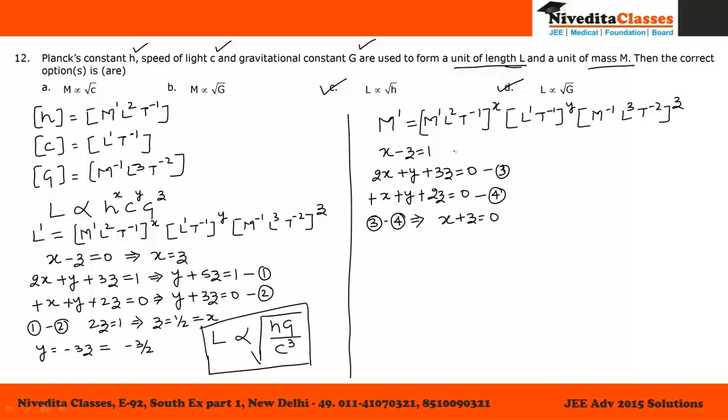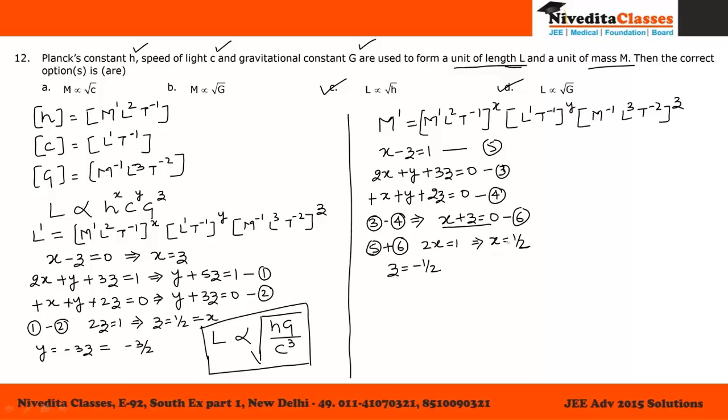So now let's say this is our equation 5 and this is our equation 6. Then adding 5 and 6, we will have 2x is equal to 1, which will give me x is equal to half. And as x plus z is equal to 0, I can say that the value of z will be minus half.